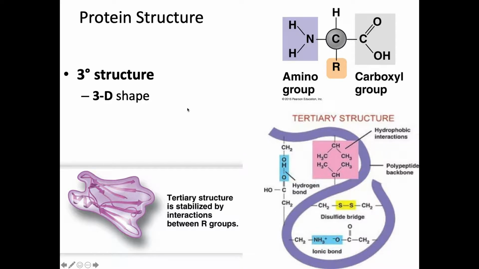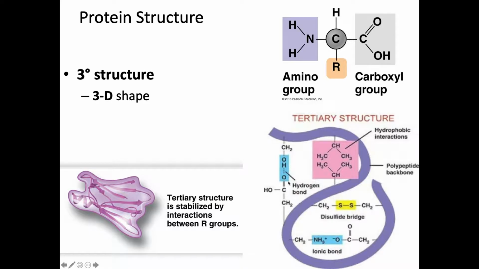The next level is called the tertiary structure, and this is just when it comes together to form an overall 3D shape. And this happens when the R groups, those residue groups, come together and they can form different types of bonds.